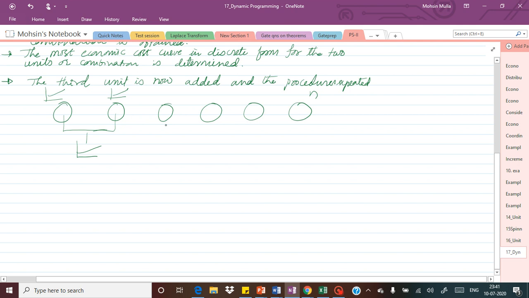These are operated together, considering this as one unit. Now this acts as one single unit and this is the third unit in that combination. Again we get one resultant characteristic out of it.